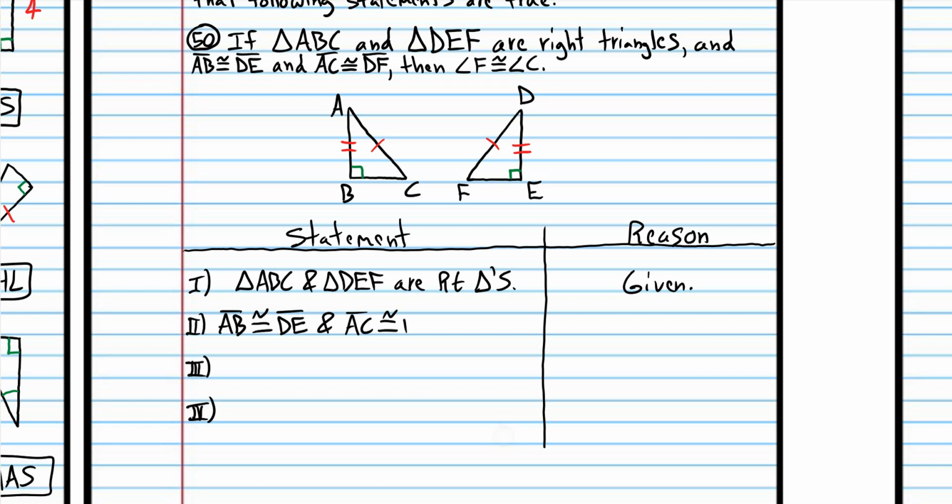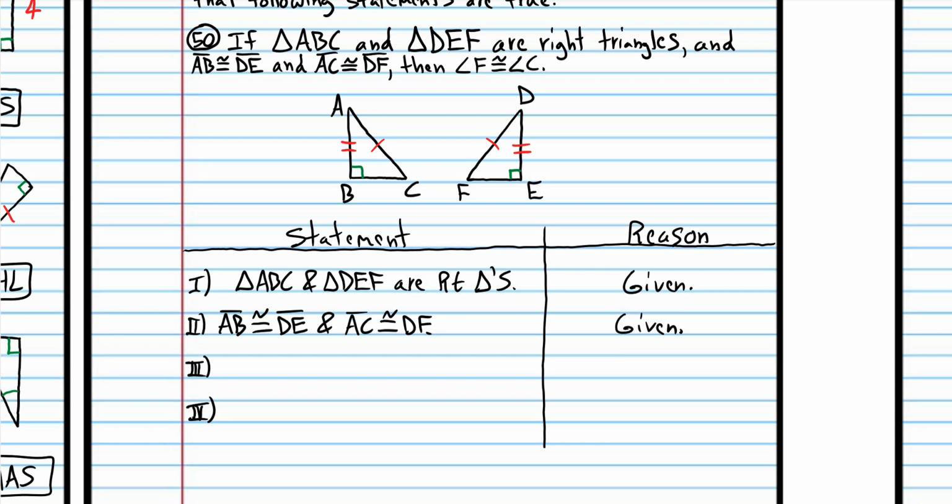And AC is congruent to DF. That's also given information. So AB and DE are legs, and AC and DF are hypotenuses. So it looks like we can use the HL theorem to show that these two triangles are congruent.